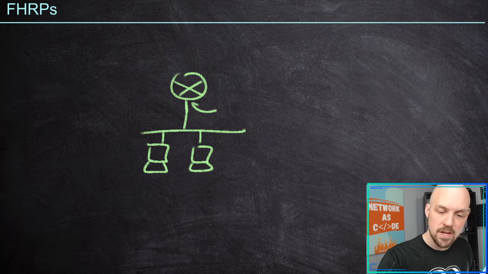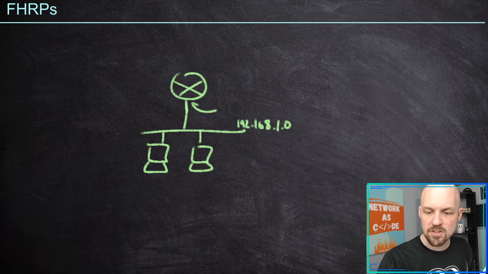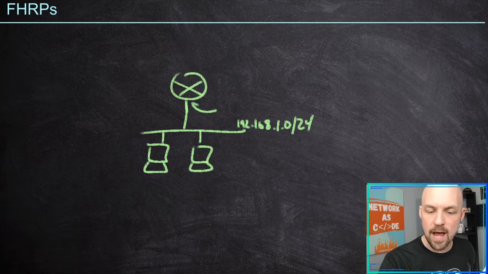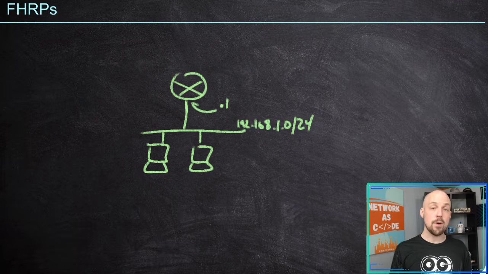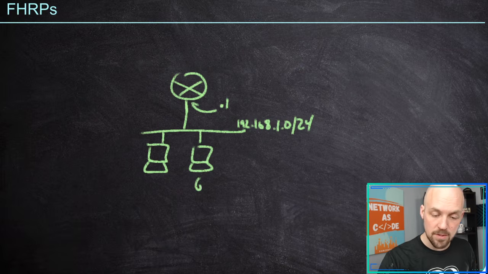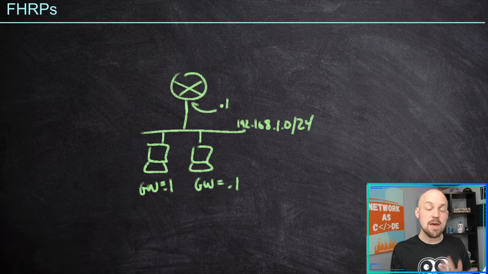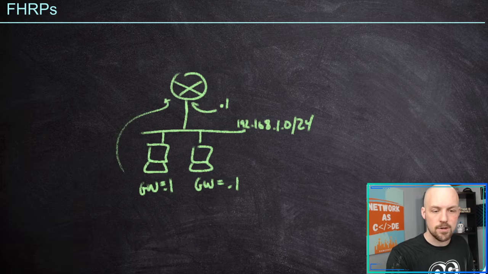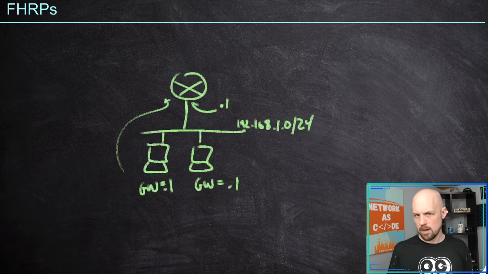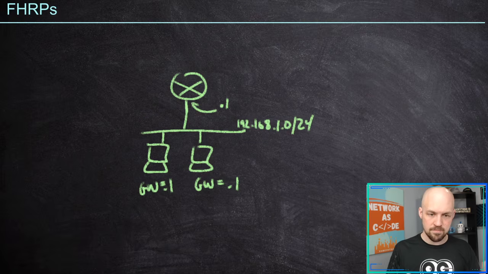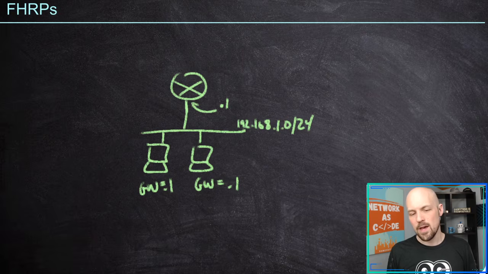Maybe this is the 192.168.1.0/24 network, and we've got .1 here as the default gateway. That means we configure these PCs, each one individually, with a default gateway of .1, and anytime they need to talk to something outside of the network, they go out through their gateway, which we're comfortable with at this post-CCNA level.